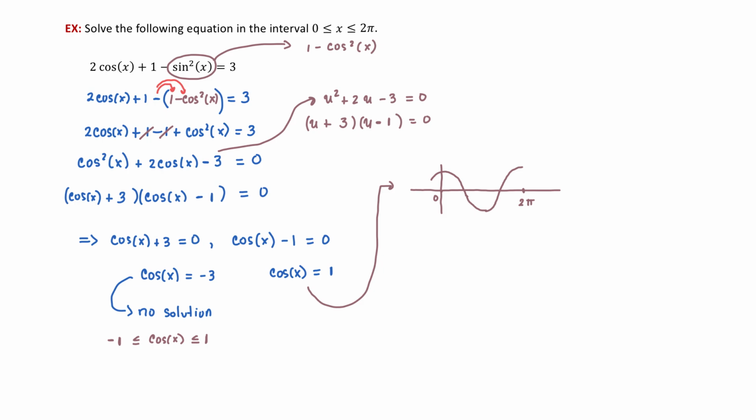So I'm going to make those dots green, right here and right here. So then I conclude that the values of x are going to be 0 and 2 pi. So these are the solutions for this equation within this interval, 0 and 2 pi.